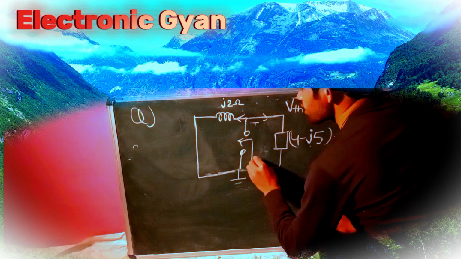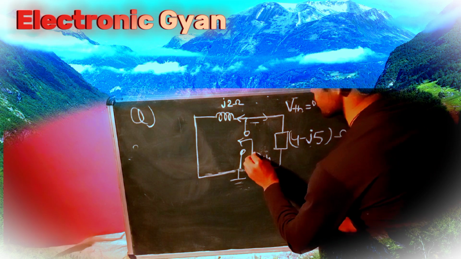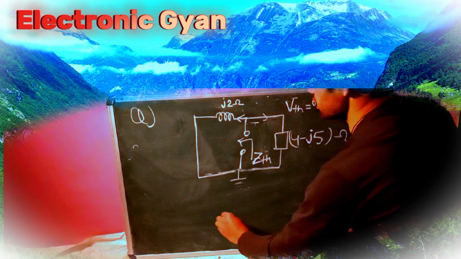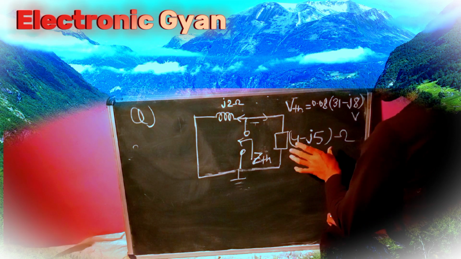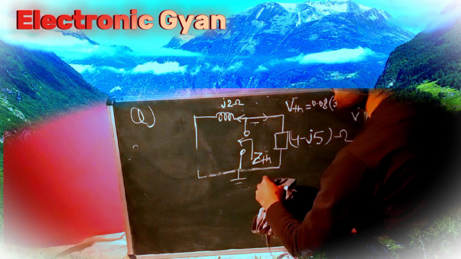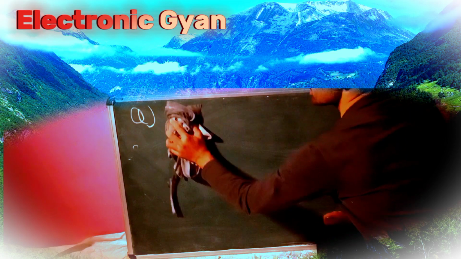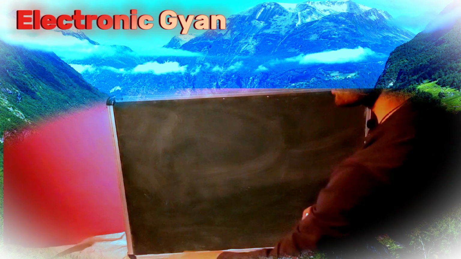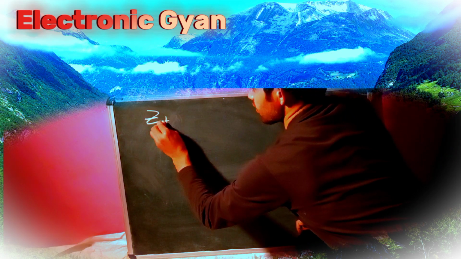So this is ZTH that we are going to calculate. These two are in parallel, so ZTH is j2 ohm in parallel with 4 minus j5 ohm. Now we have calculated the Thevenin voltage, so what is my Thevenin impedance?